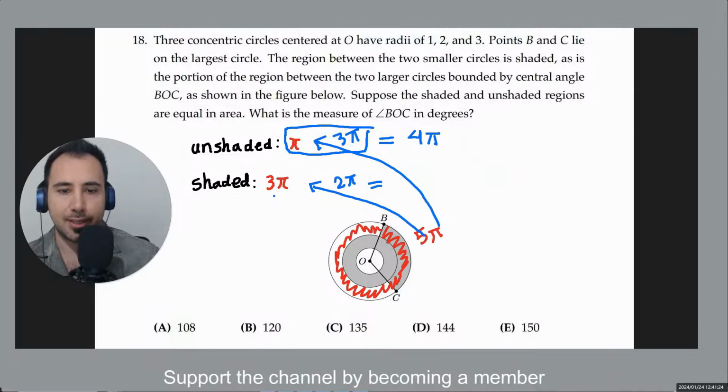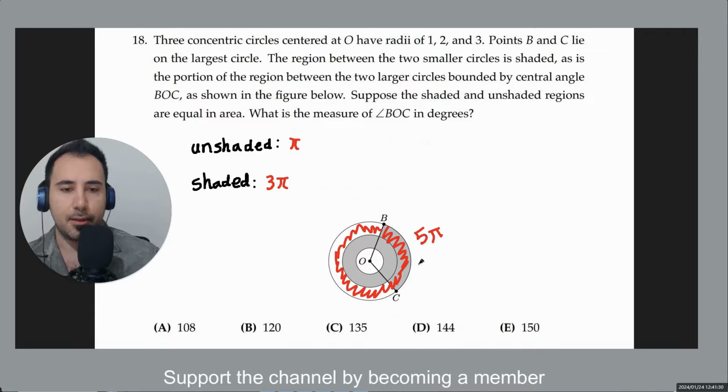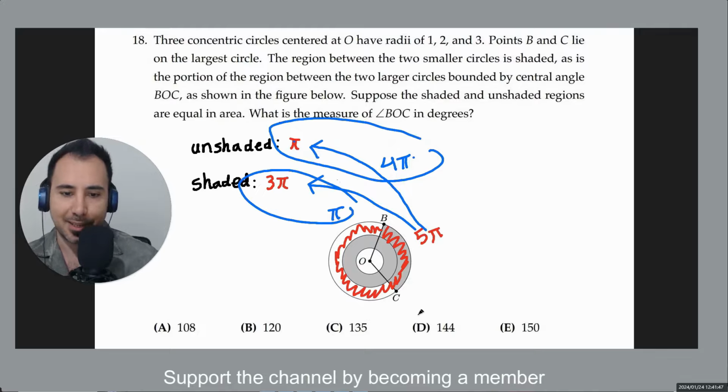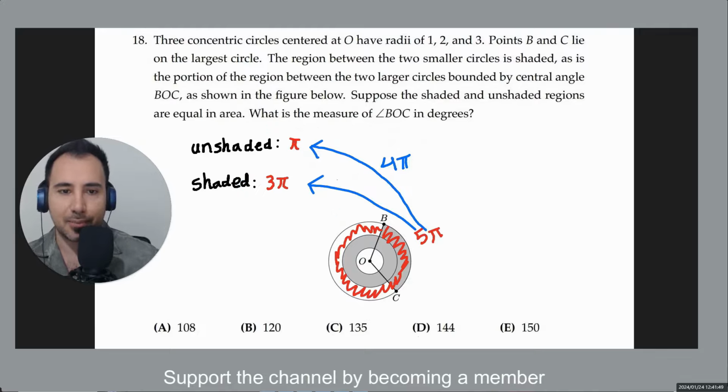So I need to divide this and cut it differently. So how should I do this? What if I give this person 4 pi, and there will be only 1 pi left to give to this one? So 4 pi plus 5, this one will be 5 pi. But now the problem is this one is 4 pi. So how should we do this now?